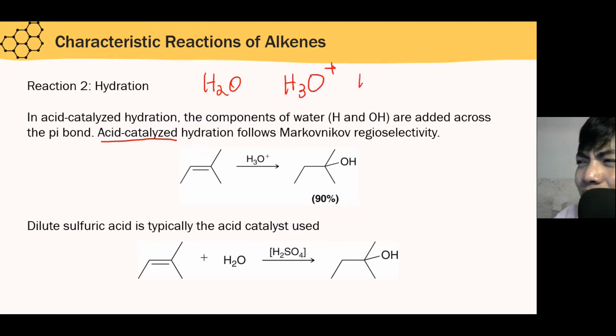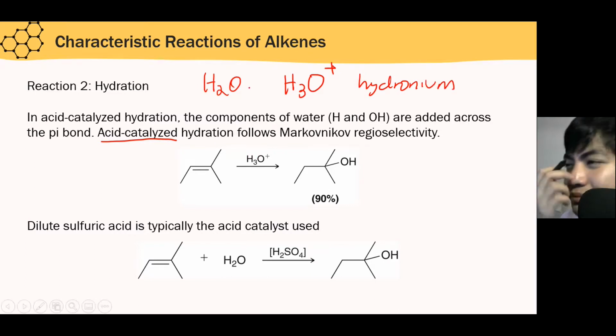So it will be called hydronium ion. Okay, so hydronium ion yan. And again, acid catalyzed hydration follows Markovnikov regioselectivity. And keep in mind that the dilute sulfuric acid is only added. We don't use concentrated sulfuric acid. Okay?